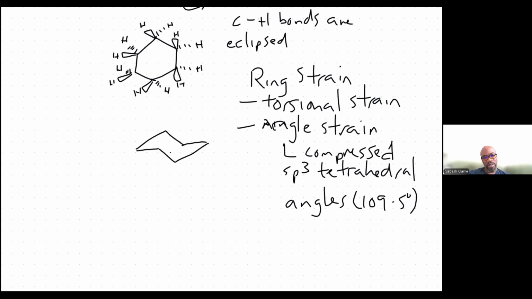Now with these cyclohexane rings, we have to differentiate between the substituents that are axial, and those are perpendicular to the axis of the ring. So if you draw your ring, any point that points upwards, the axial is going to be going up. If it points downward, axial is going down. So up, down, up, down.